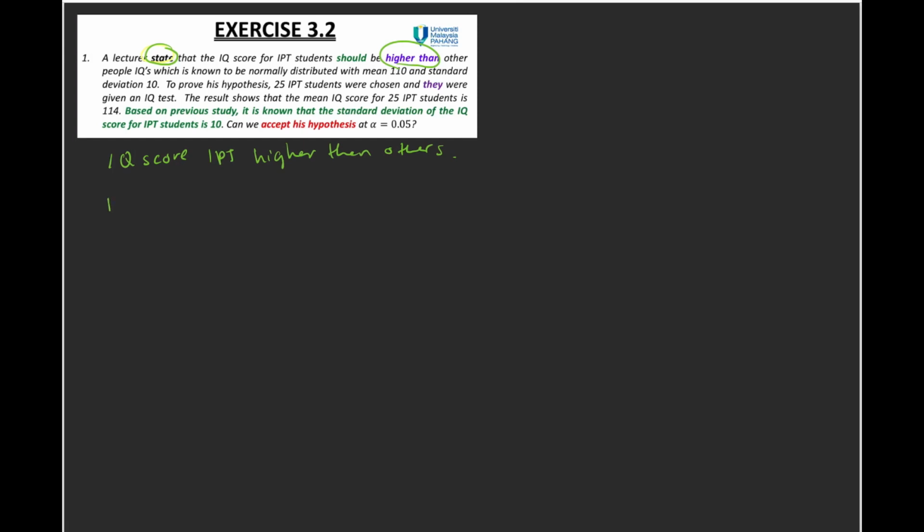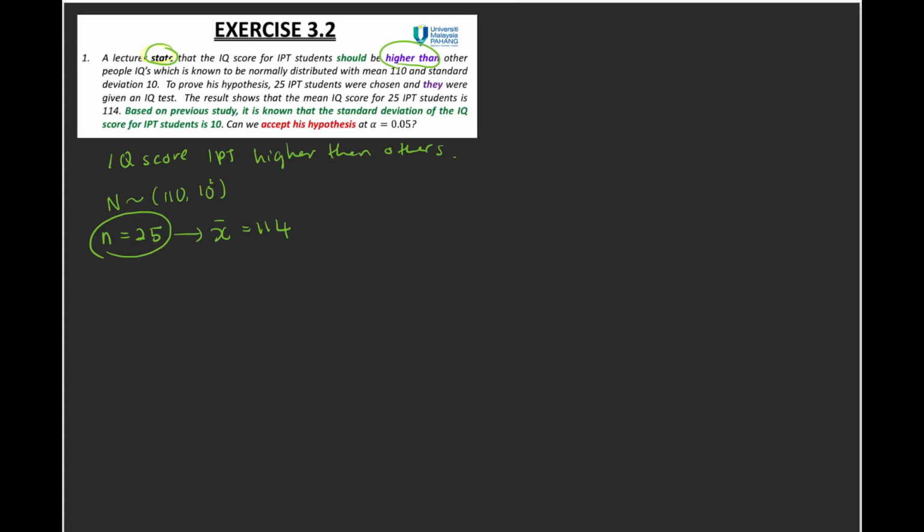So the score follows normal with mu 110 and standard deviation 10. To prove his hypothesis, 25 IPT students were chosen. So n is equal to 25. They take a sample of 25 and they were given an IQ test. The result shows that the mean IQ score for the 25 students is 114. So among these 25 samples, the mean is x bar equals 114.